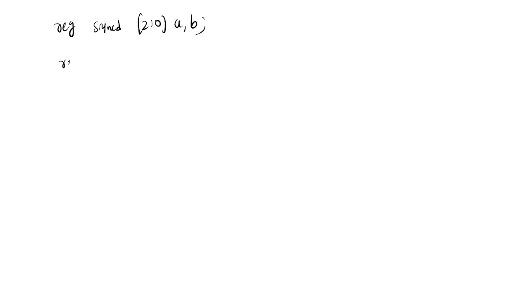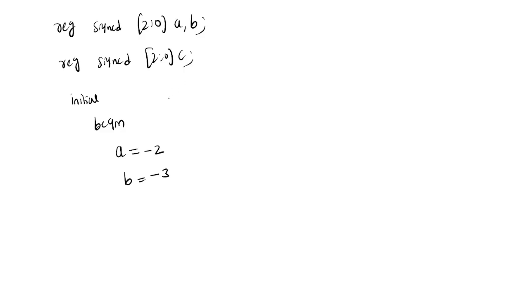Again reg signed [2:0] c. So this is how many bits? 3 bits. Within an initial begin end block, I am keeping a equal to -2 and b equal to -3.